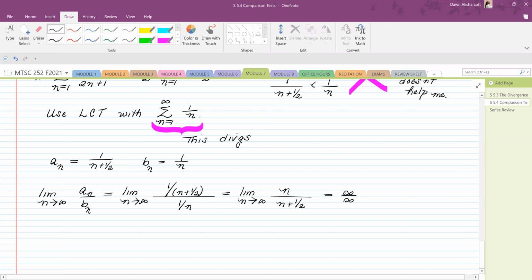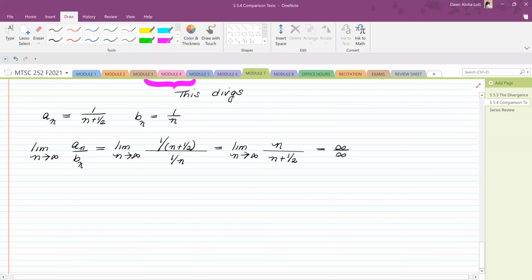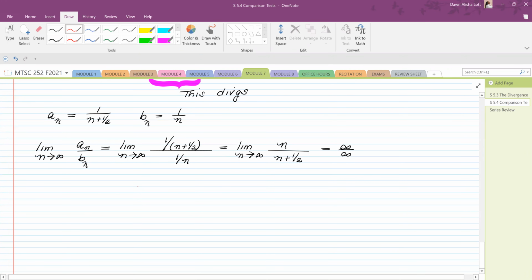So now I'm going to use L'Hopital's rule. The derivative of the top is 1. The derivative of the bottom is 1, and that equals 1. I get a finite number. That number right there is L. L is finite, so that says they both do the same thing. So they both diverge.